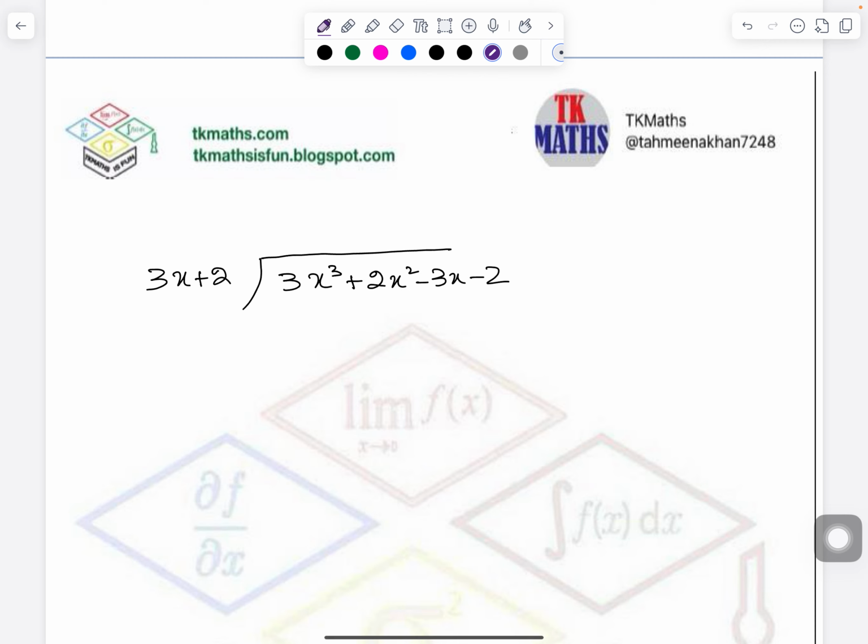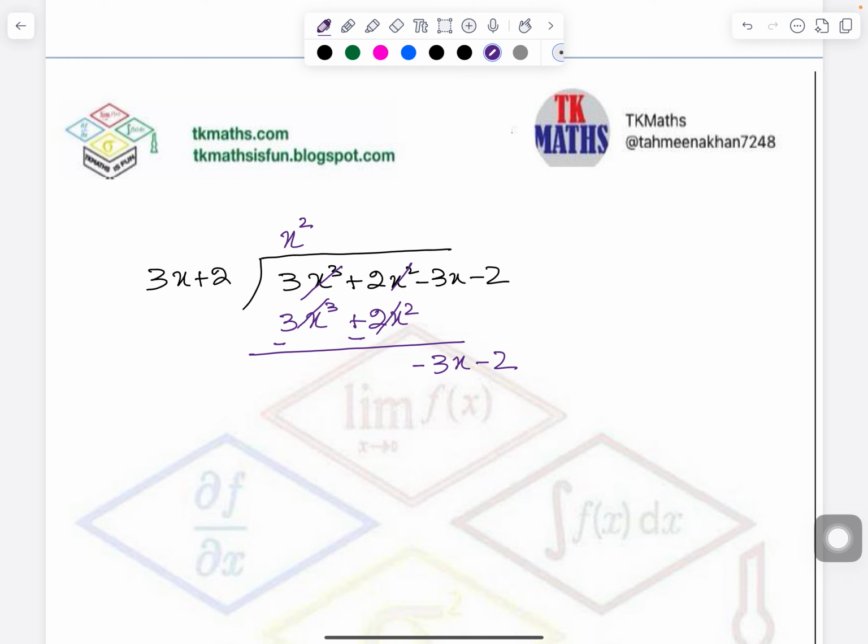3x multiplied by x square will give me 3x cube. Then 2 multiplied by x square is 2x square. Now when I will subtract, this will cancel out and this will also cancel out. So what I'm left here with, minus 3x minus 2.